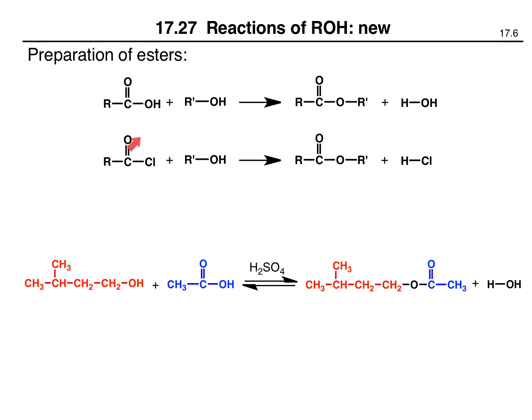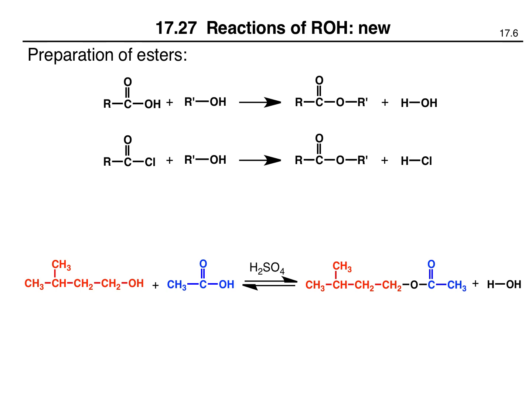Alternatively, you can start out with an acid chloride and treat it with an alcohol to give the ester with HCl as a byproduct. We're going to learn a lot more about these reactions and nucleophilic acyl substitution reactions in general a little bit later this semester.